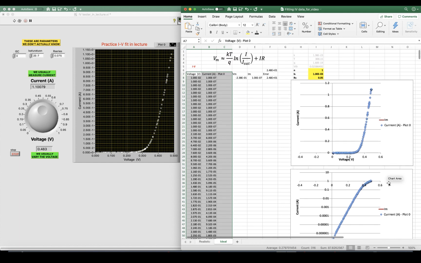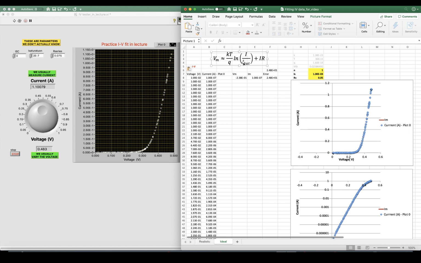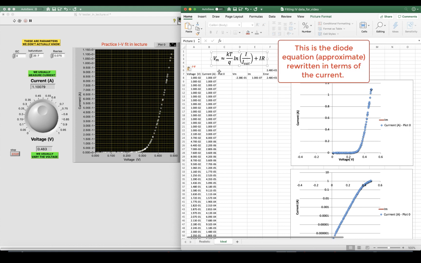So now the question is, what can I do to extract the parameters to fit this curve? The equation that we would use is the equation that is here, which is basically expressing the voltage as the dependent variable, and the current as the independent variable.